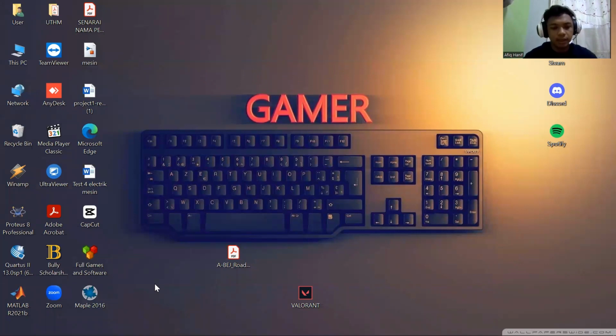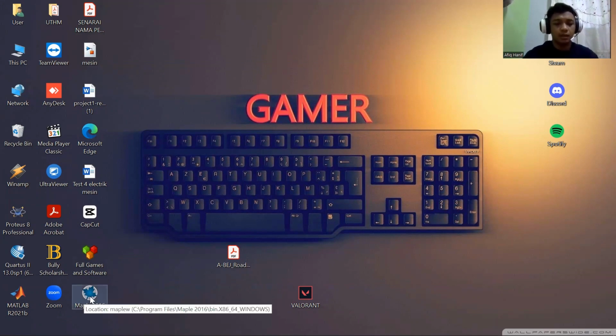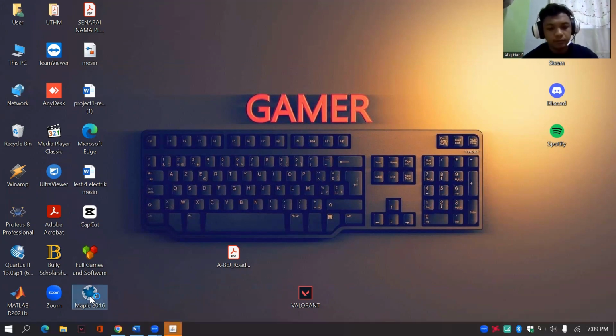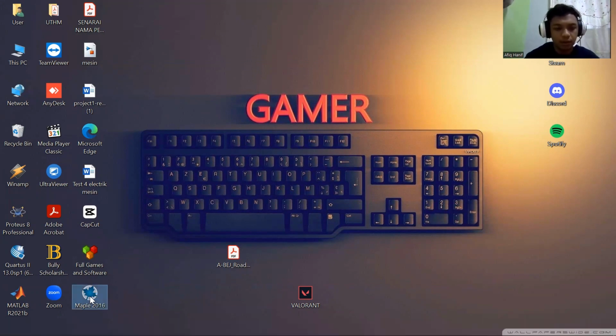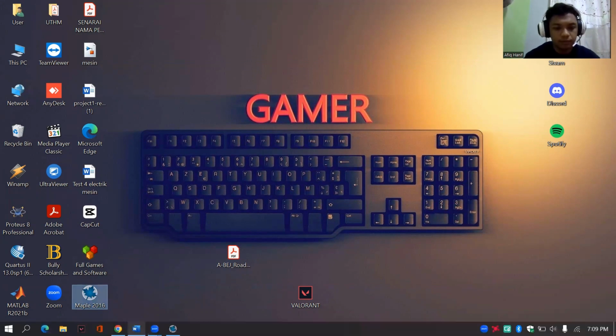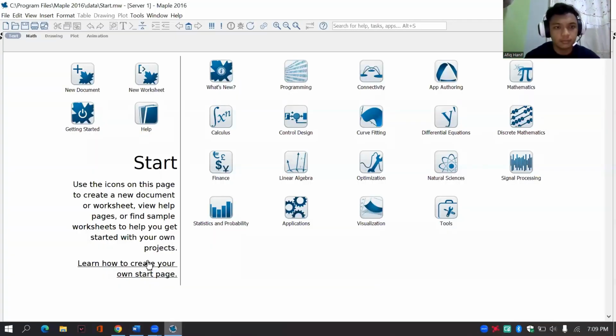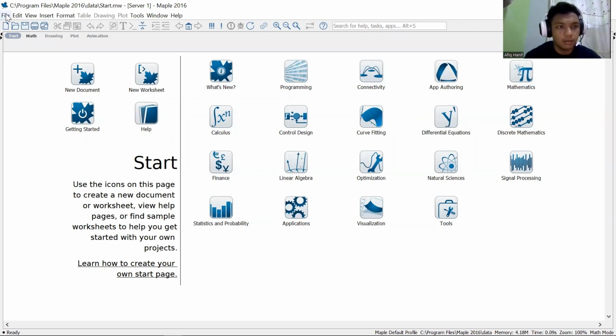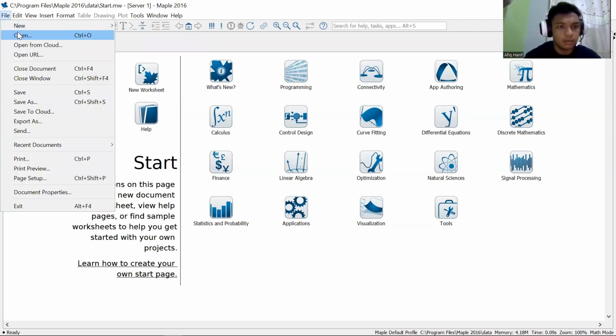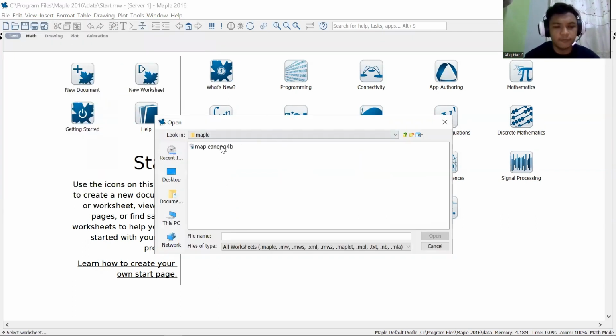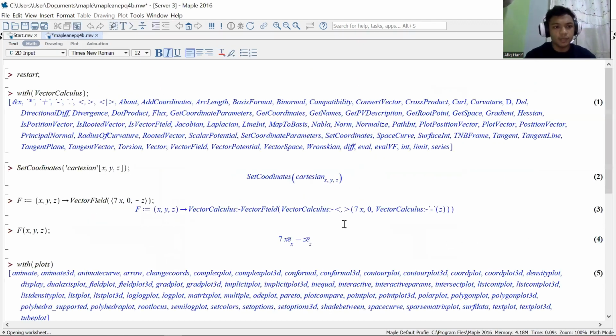For the second, question 4B, I use Maple to do the coding. I open Maple. This is my file that I use.